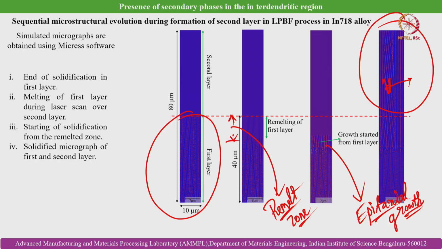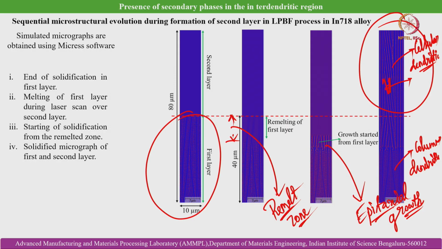Although in the first layer it is mostly columnar dendritic structure, as we discussed in the previous slide, in the second layer you do not see the formation of secondary dendrite arms. So the microstructure is going towards cellular dendritic. That points towards higher thermal gradient and higher G by R ratio.